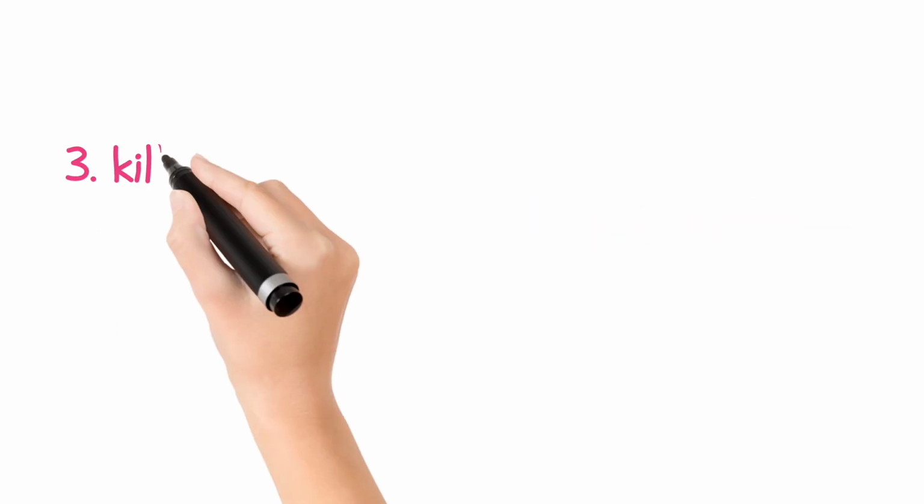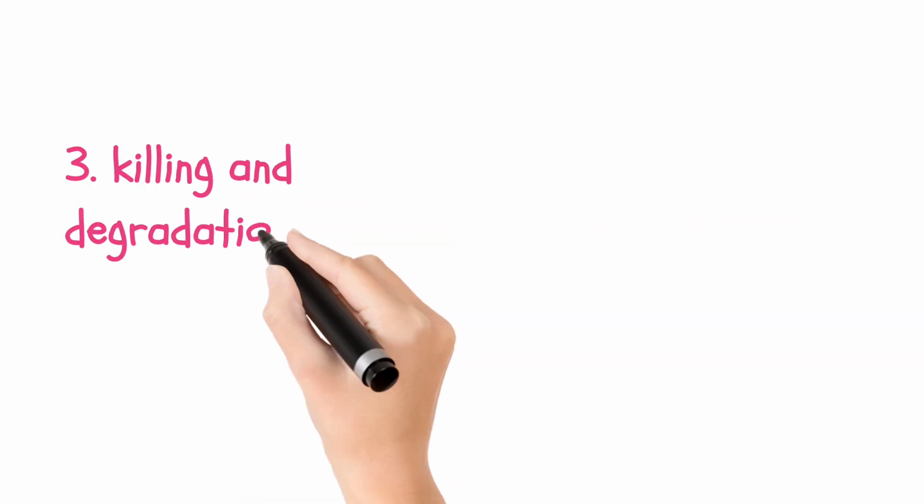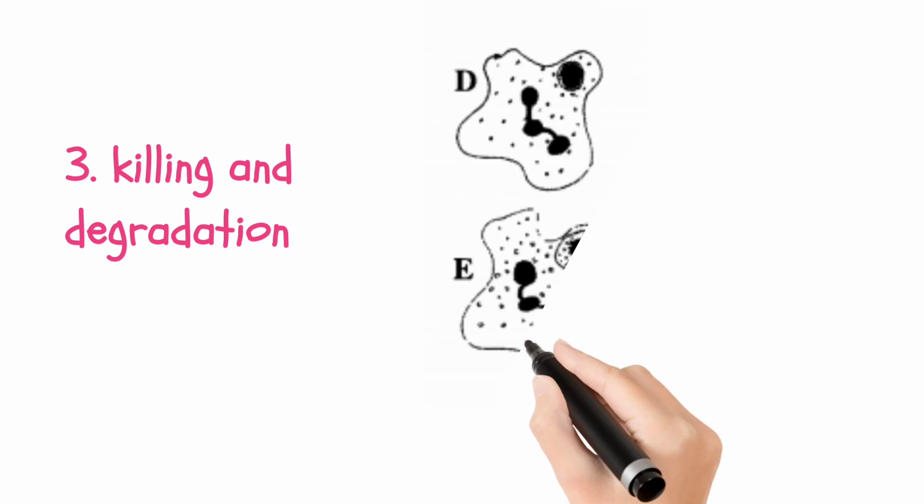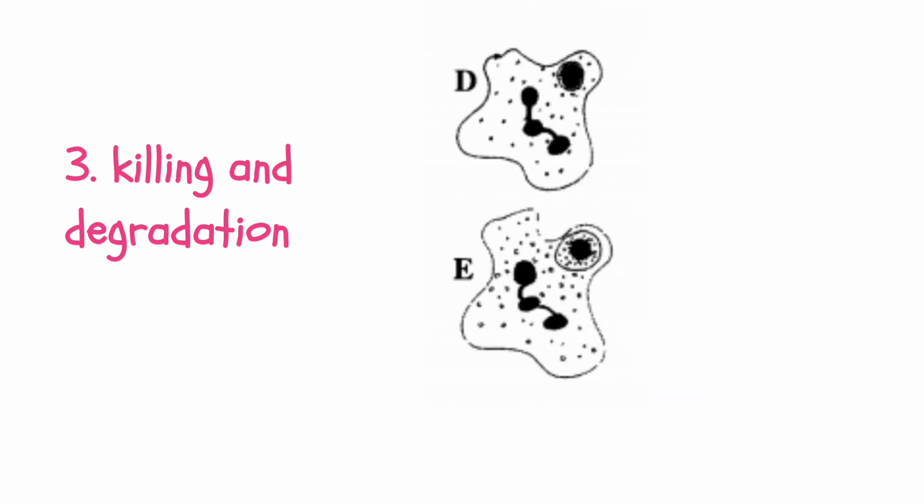The third step is killing and degradation of the ingested material within the phagolysosome. So the phagosome will fuse with the lysosome that is within the cytoplasm of the neutrophil. Remember that the lysosome is kind of the killer in the cell.